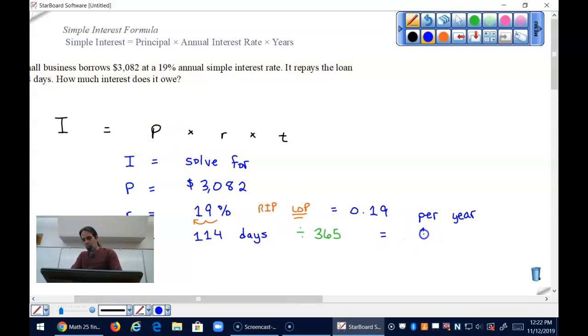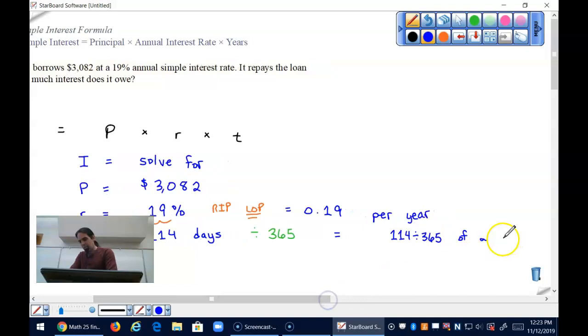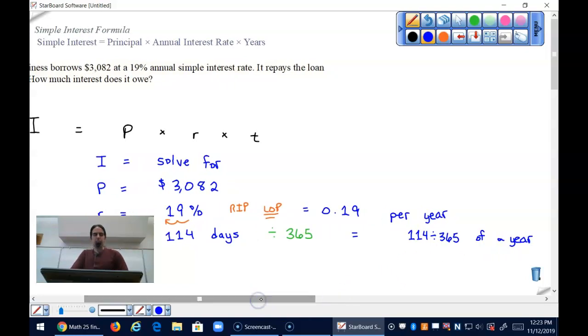If you want, you could make a decimal. If you want, you could write a fraction. If you want, you could not simplify it at all and just leave it as 114 divided by 365. I'm going to do that last option just because I'm old.